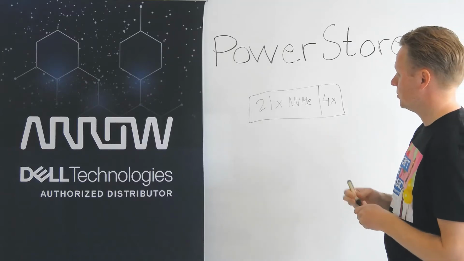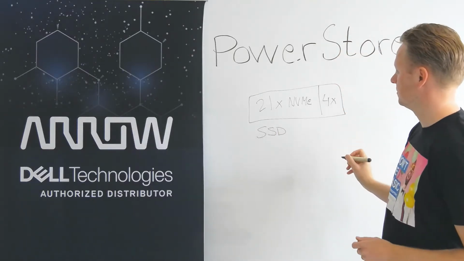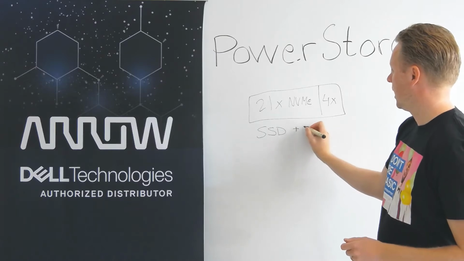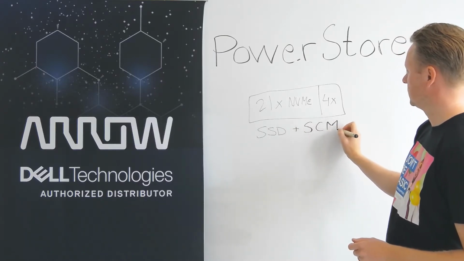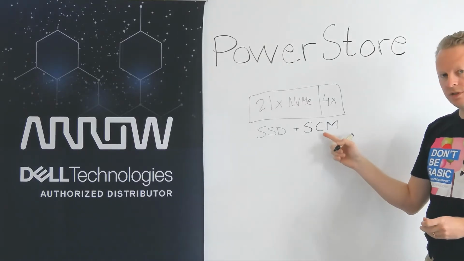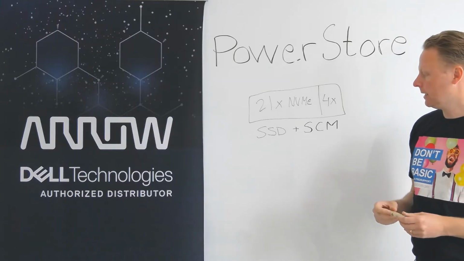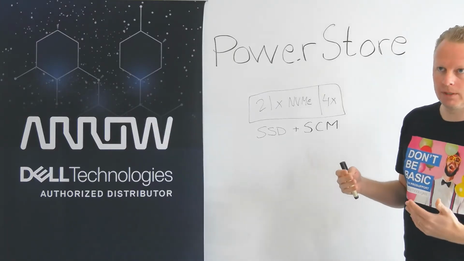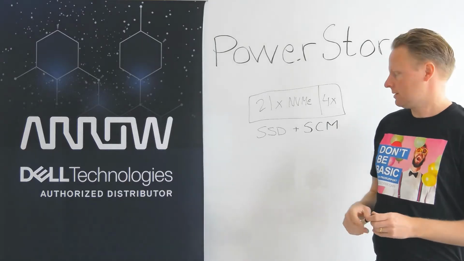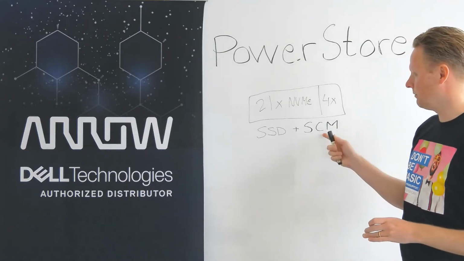In those slots, you are able to put in SSD flash disks, and also storage class memory. Not many are using this at the time being, but it will maybe be the future storage standard. Storage class memory is like DRAM performance, but in persistent storage disks, so really fast.